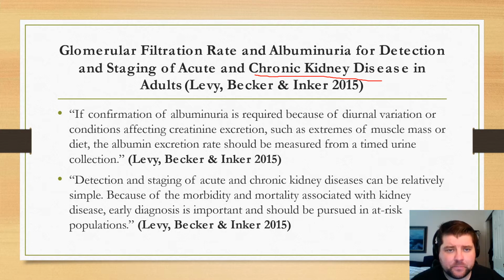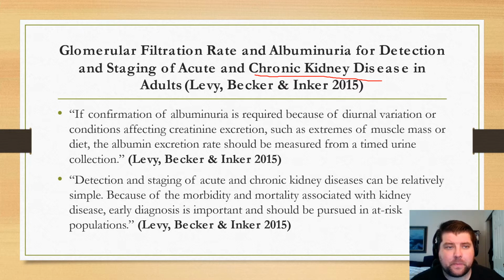In this study, they found that the glomerular filtration rate and albuminuria for detection and staging of acute and chronic kidney disease in adults was based on the confirmation of albuminuria, meaning albumin in the urine, being required because there are differences during the day in the variation of these conditions, which affects creatinine excretion and muscle mass or diet.